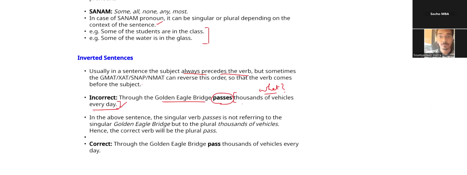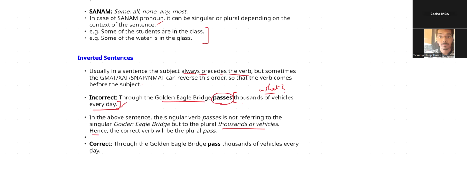Now, why did we use "passes"? Yes. The subject plural है तो verb भी plural होगा. The singular verb "passes" is not referring to the singular golden eagle bridge, but to the plural thousands of vehicles. Right?